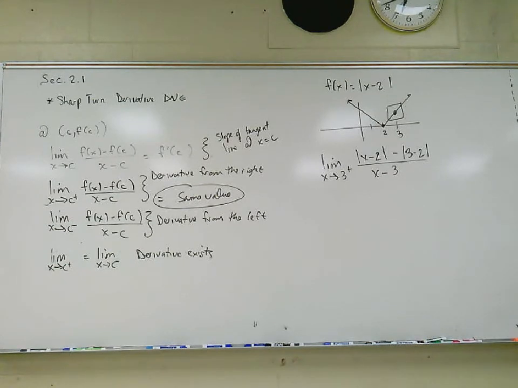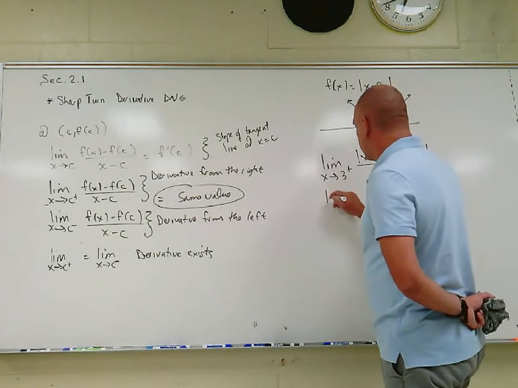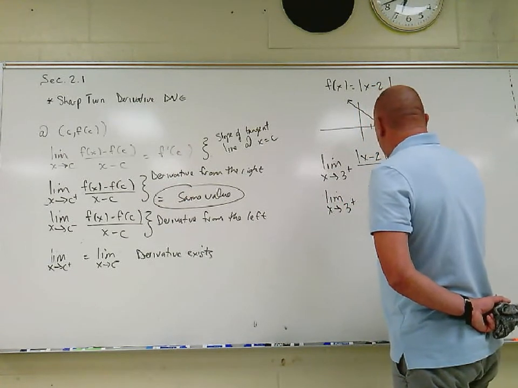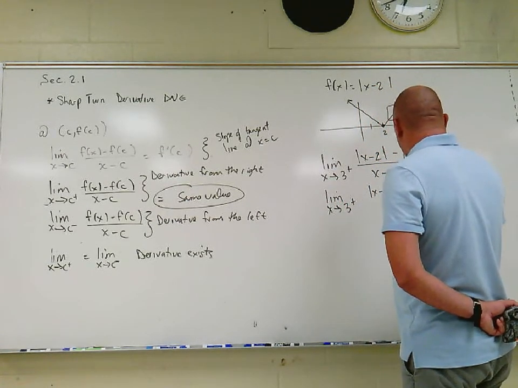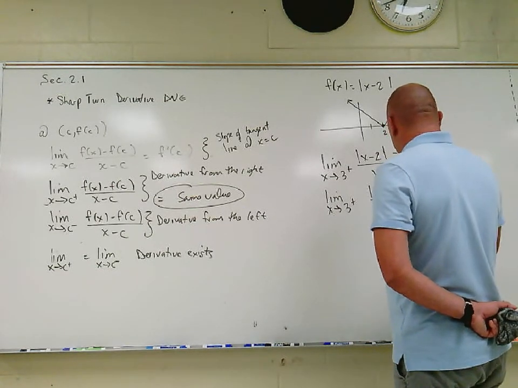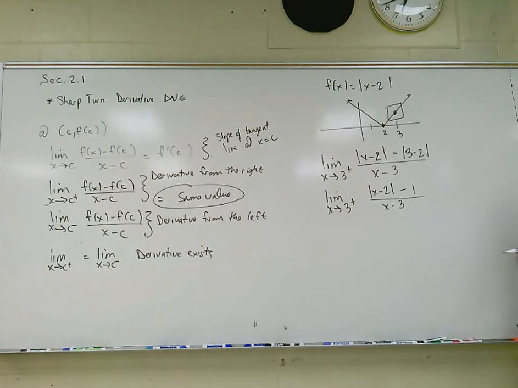So now let's see what happens. Let's do this one together. I get the absolute value of x minus 2, minus 1, all over x minus 3. Now, I'm not too happy right now.